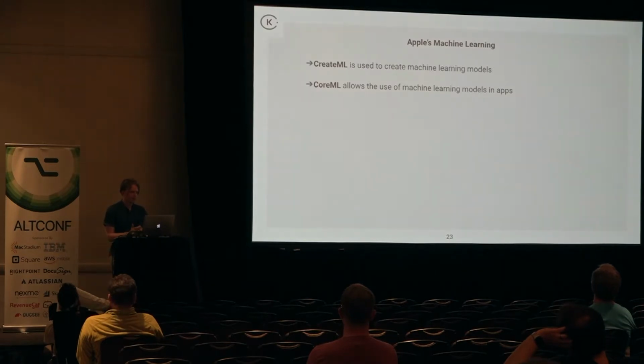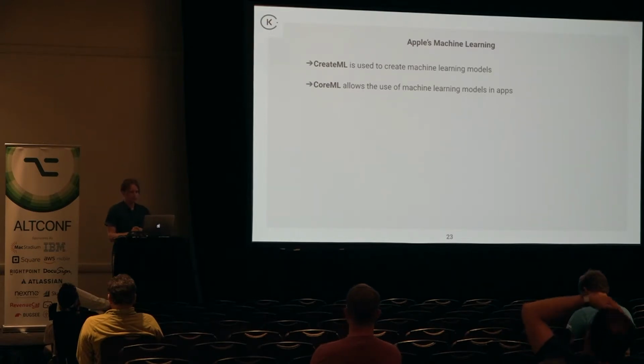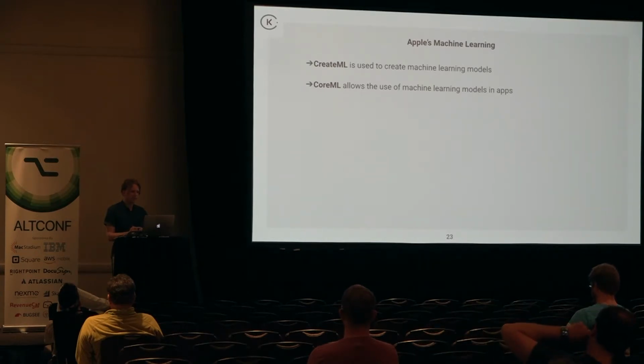There is the Create ML framework, which creates the models. And then there is Core ML, which actually uses those models to predict stuff. Apple has sample code for this as well, but they're using their very pretty UI in Playgrounds. And that, as far as I know, only works for images and not text.